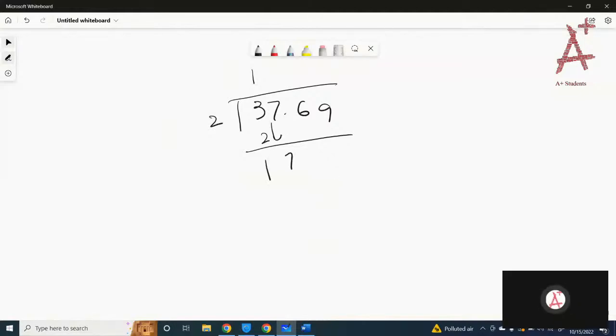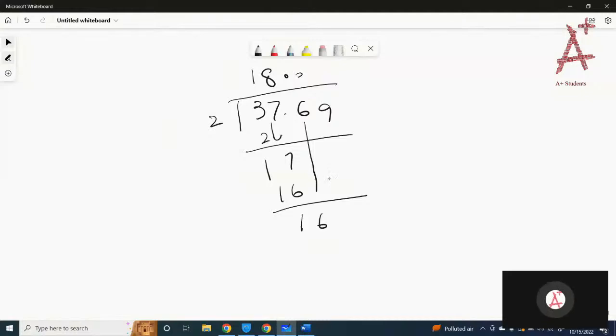Bring the next digit down. 2 times 8 is 16. You have 17, subtract 16 is 1. Put the decimal point over here.